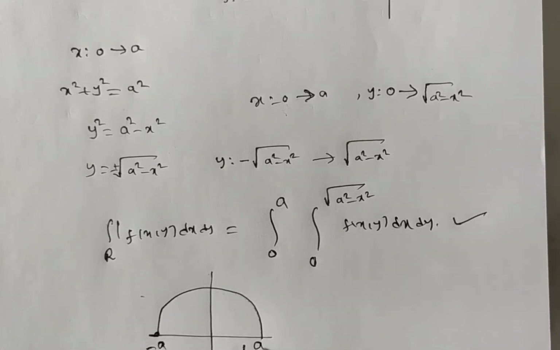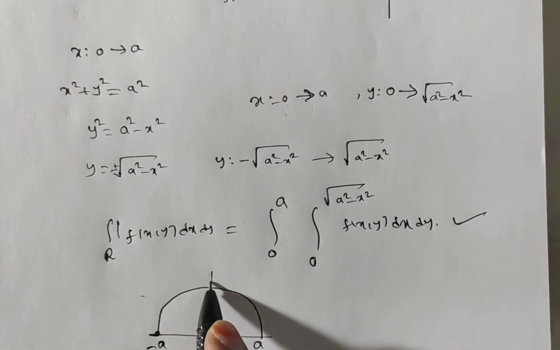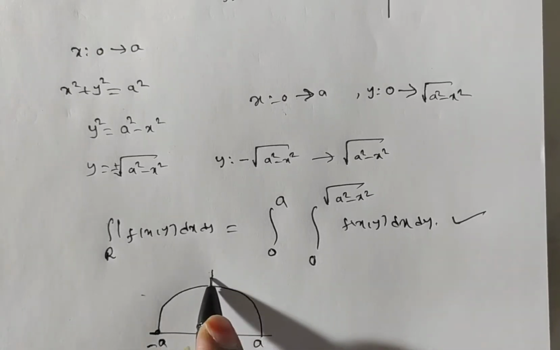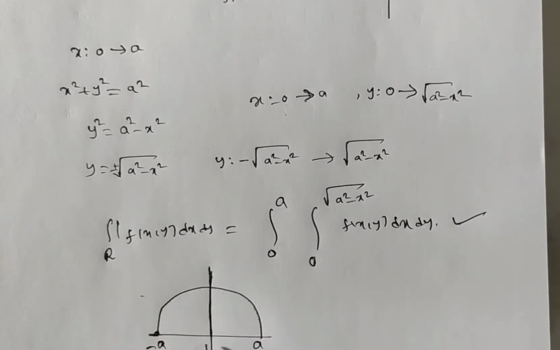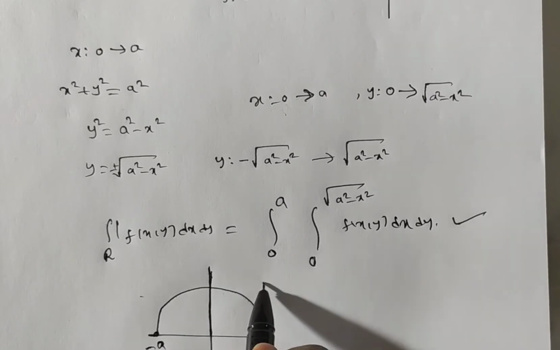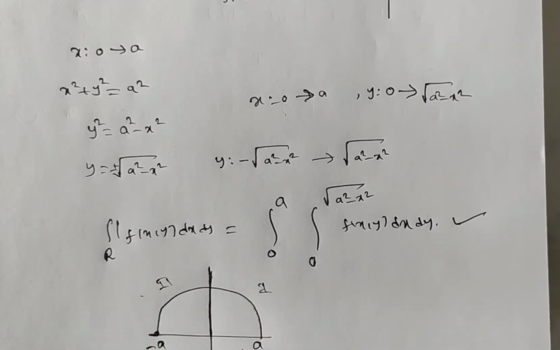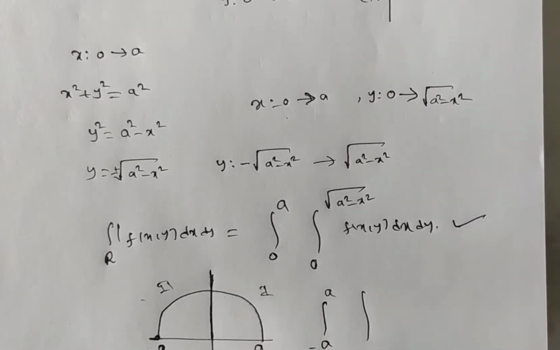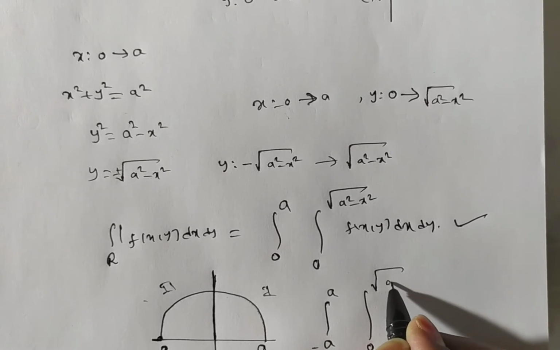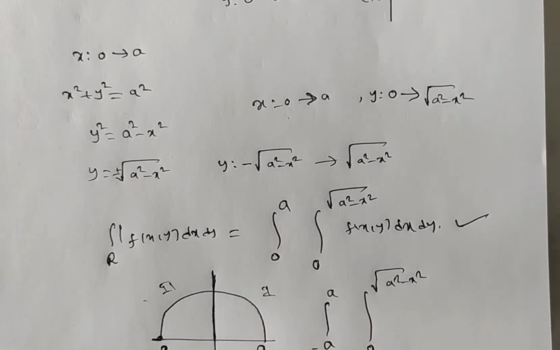On the y axis, in the first quadrant and the second quadrant, the values are positive only. So here you have to take x from minus a to a and y from 0 to square root of a square minus x square.